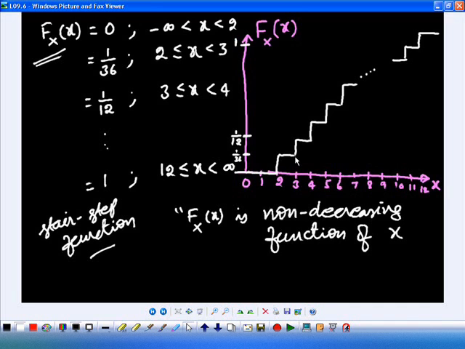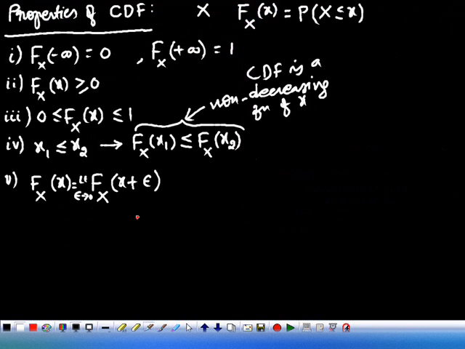Here what is the value at 3? That is 1 by 36. Before it also 1 by 36, and just after 3 it is raised to 1 by 2. So that's why the CDF is said to be continuous from right. Is it clear? So these are the important properties of the CDF.